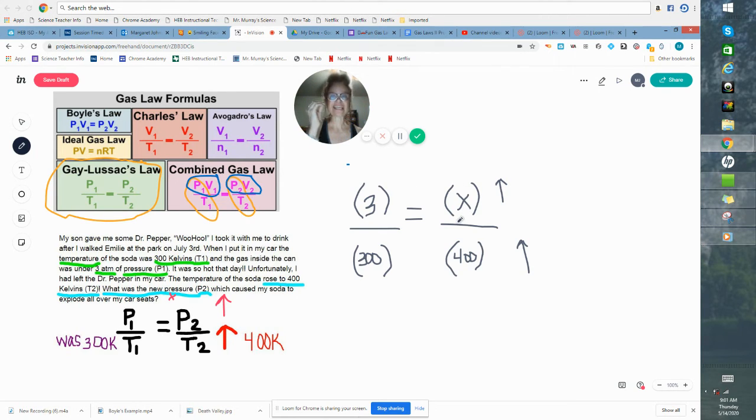If it went up exactly half again as much, my X would equal 4.5. Well, it didn't go up half again as much. It's slightly under. So I know it's going to be slightly under 4.5. And it's good to think through those things. Think through the relationship first. Because then once you get that answer, you're very confident that you got the right answer.